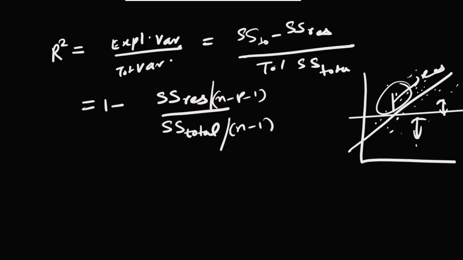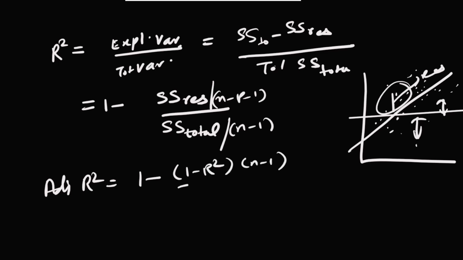This is what we are doing. Effectively, we are arriving at this formula for adjusted R square: 1 minus R square, times n minus 1 divided by n minus p minus 1, where n is the total number of records or observations and p is the number of predictors.